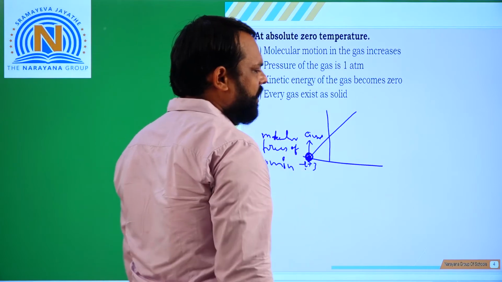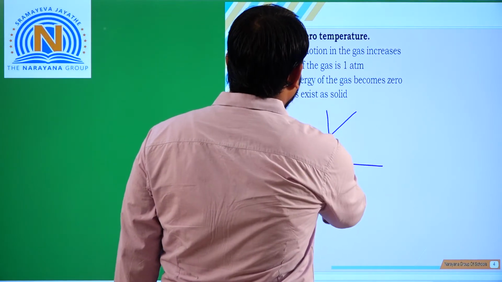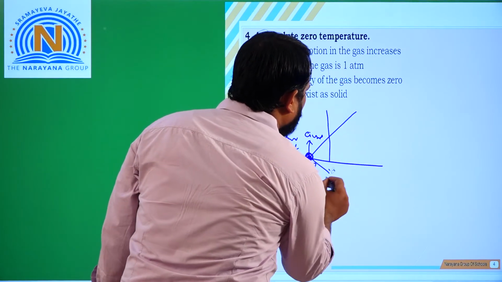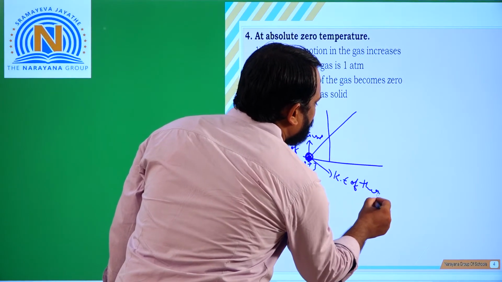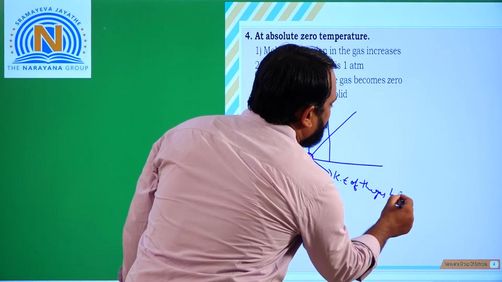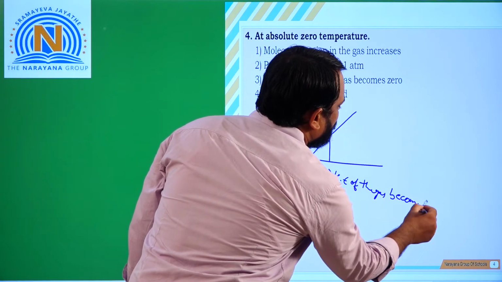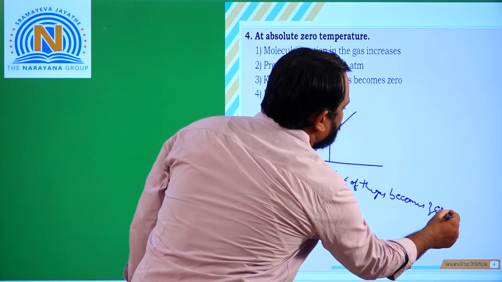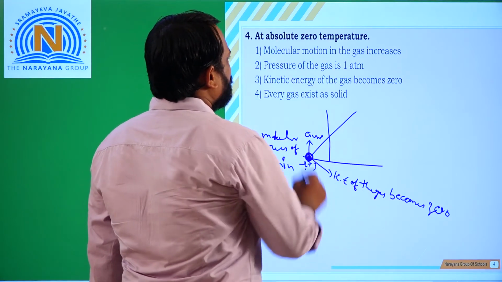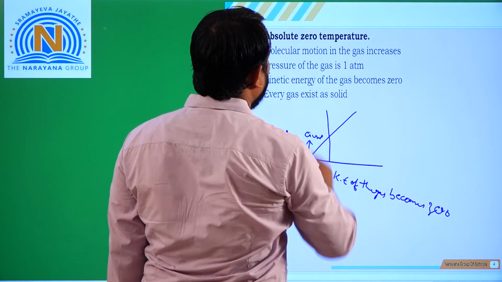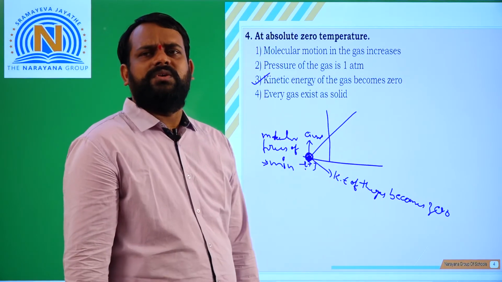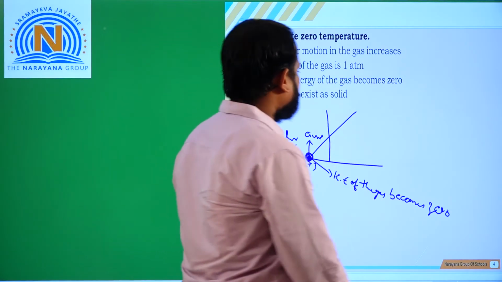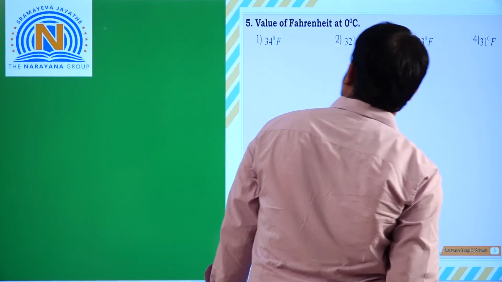So automatically the kinetic energy of the gas becomes zero. So which option is correct? At absolute temperature, the kinetic energy of the gas becomes zero. And next we will move to the next question.